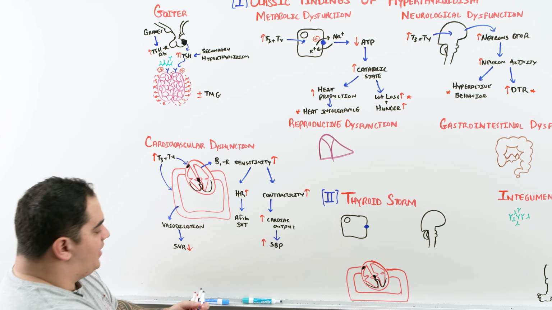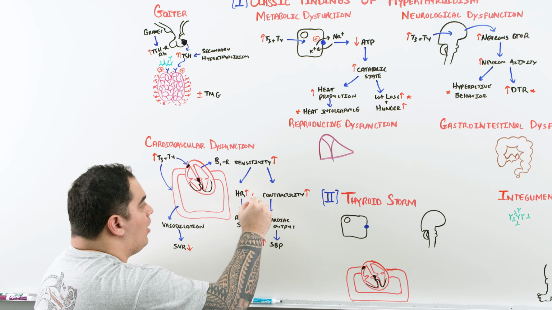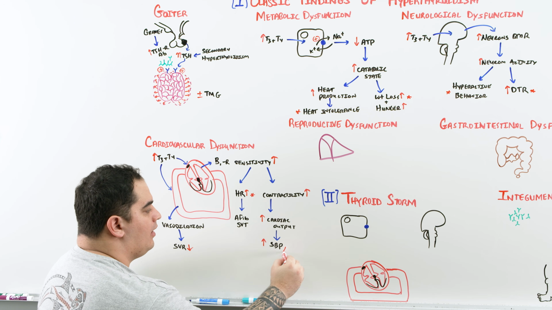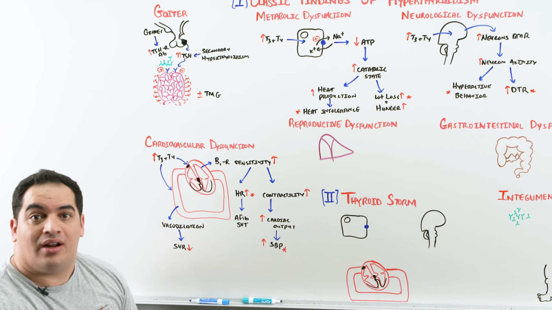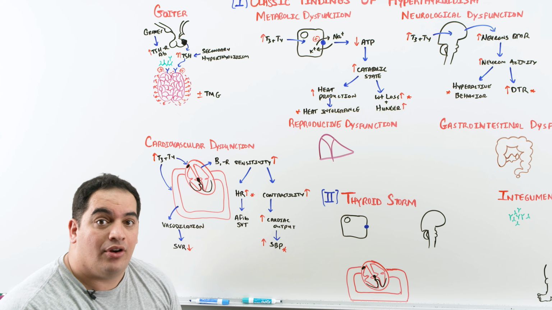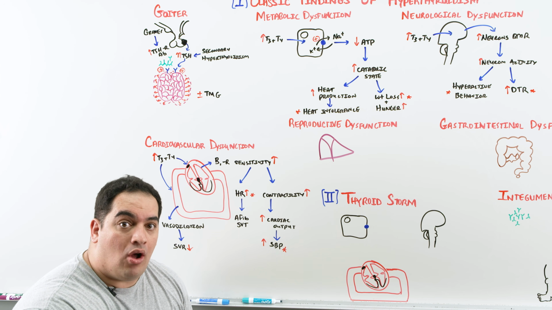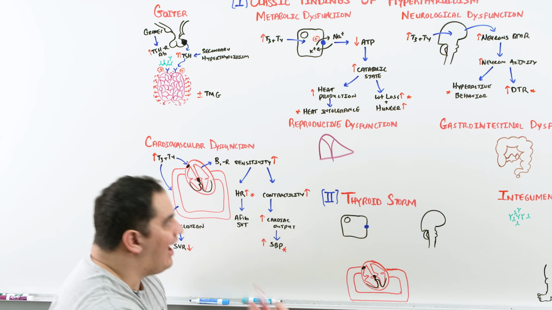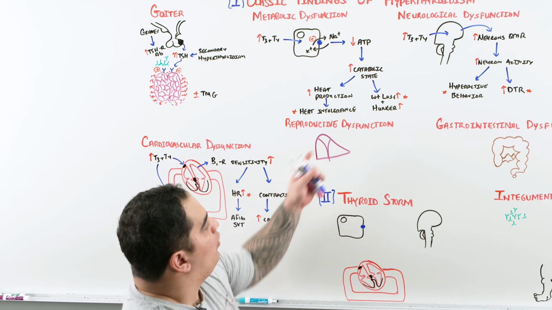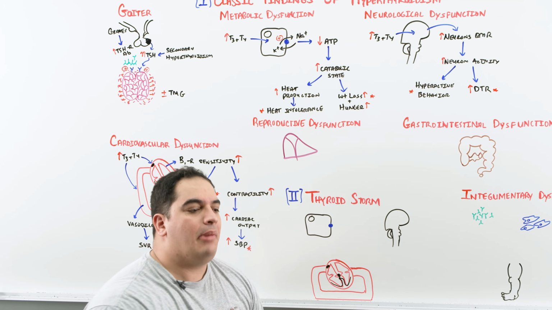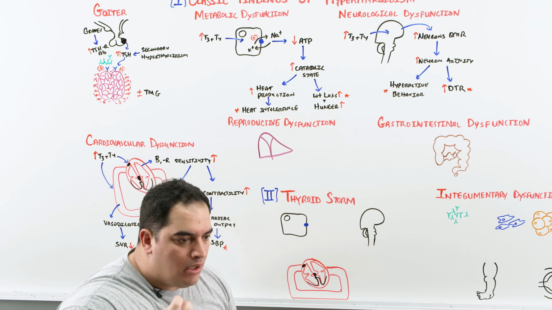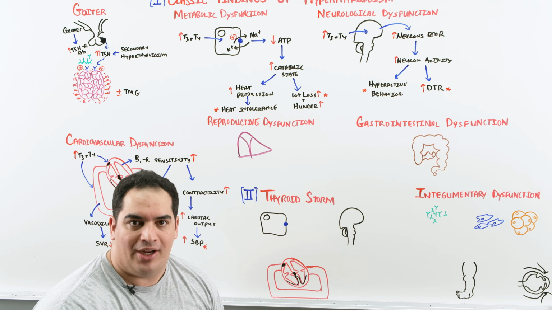So big things here is, do not forget that it causes tachycardia and increased systolic blood pressure in combination with hyperactive behavior, increased deep tendon reflexes, heat intolerance, weight loss, and goiter. Think hyperthyroidism. Reproductive dysfunction. Again, we don't really think about this commonly as a very particular manifestation in patients who have hyperthyroidism.